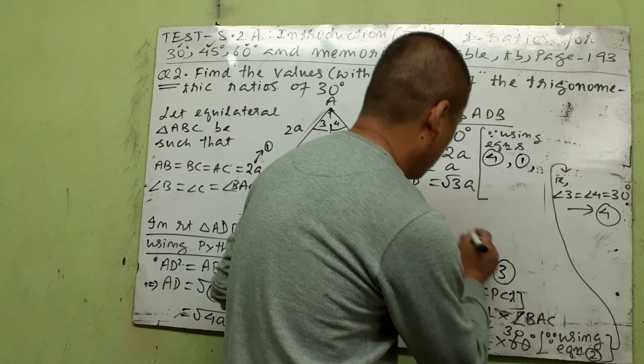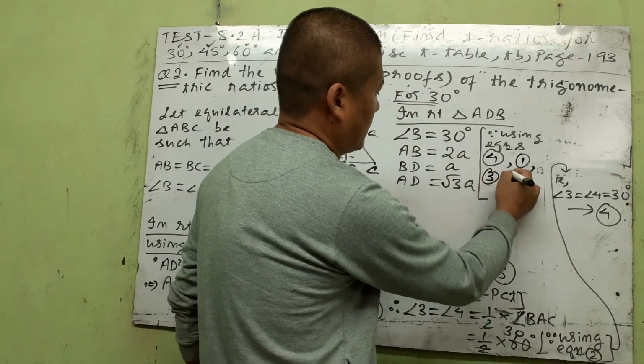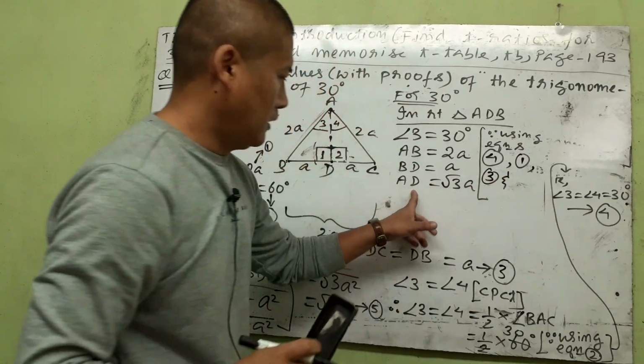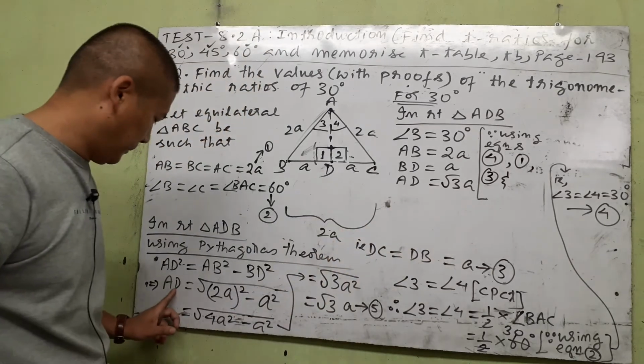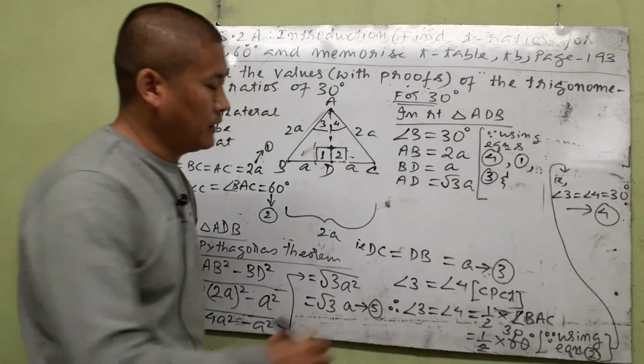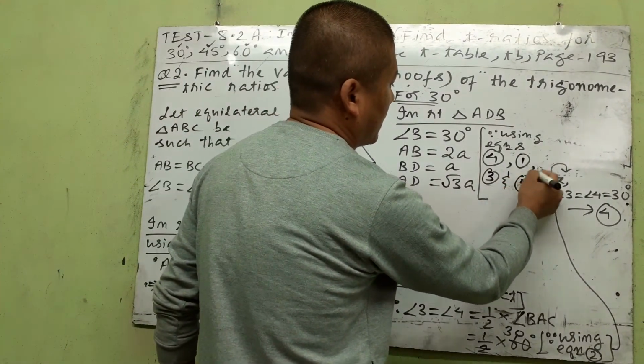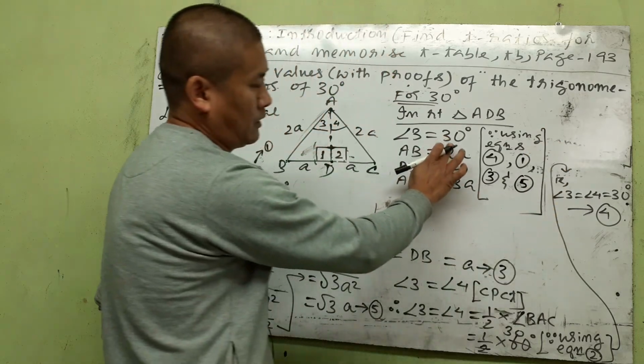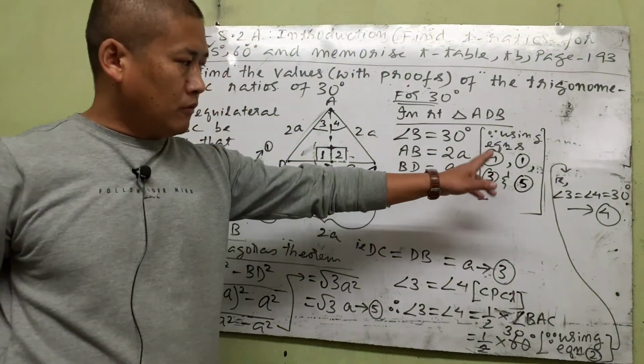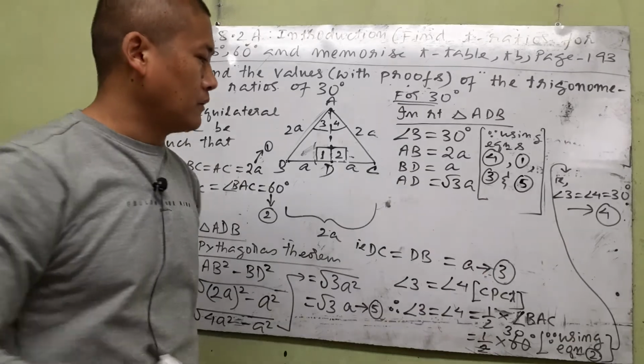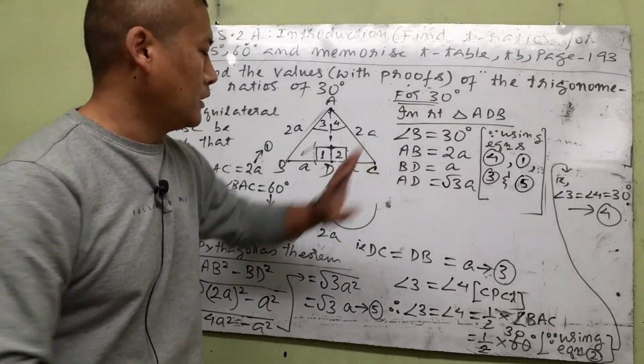And finally, AD equal to root 3A is coming from equation 5. So the reason for writing these values here are equations 4, 1, 3, and 5. So now we are ready to find the T ratio for 30 degree.